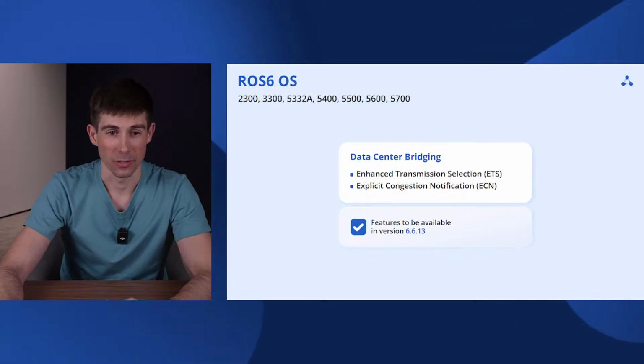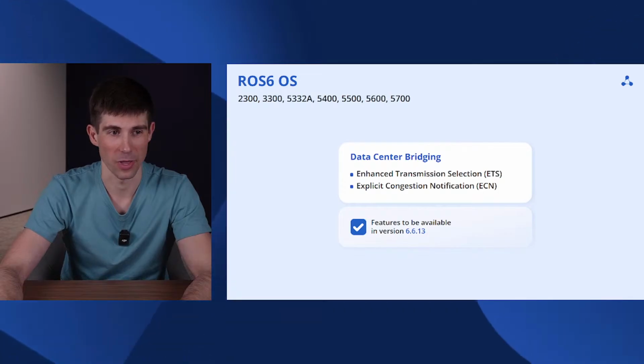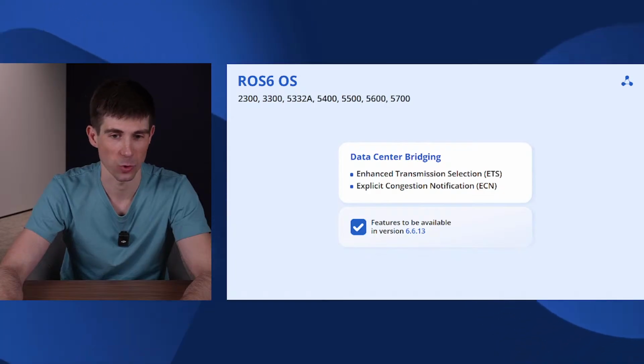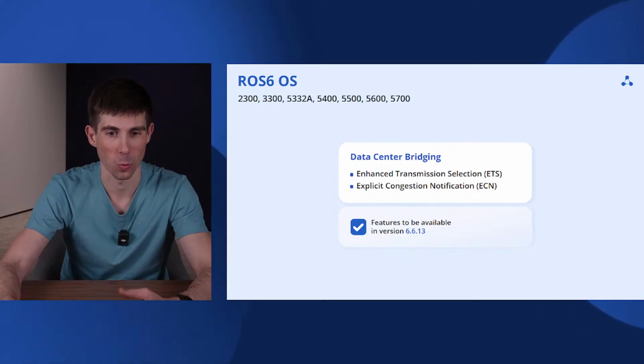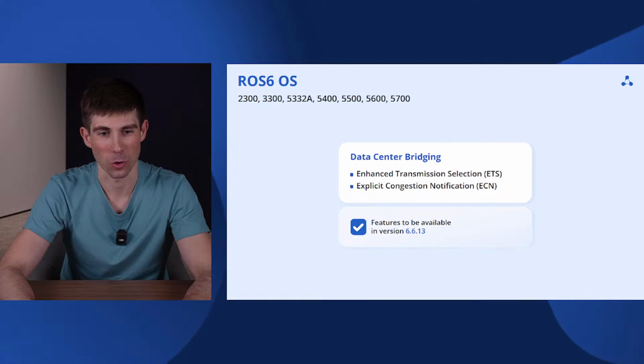And I keep on saying that data center is our priority for the time being, because you know that access switches and aggregation switches, we have quite a wide range, and they've been out there for quite a while.